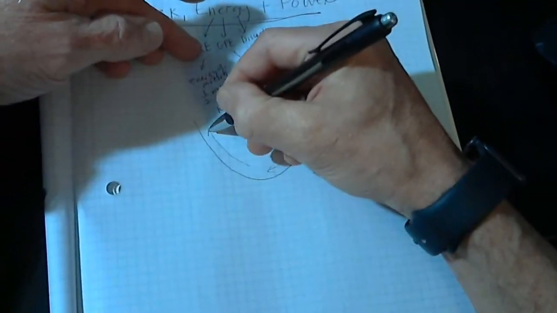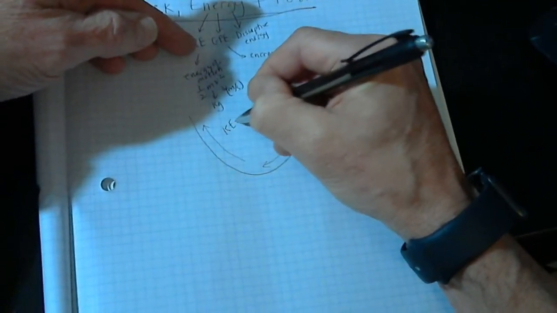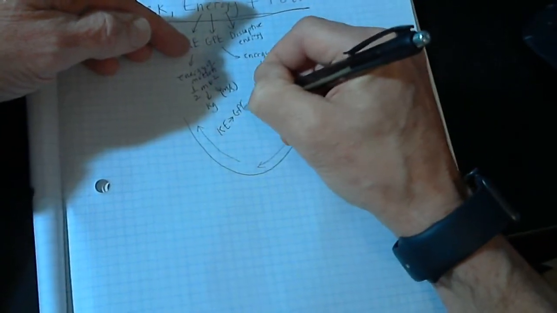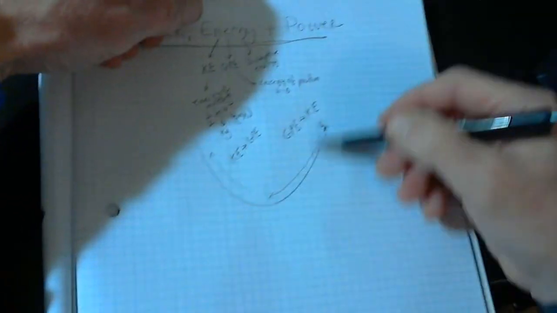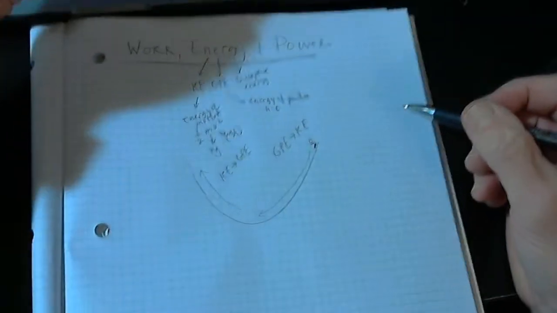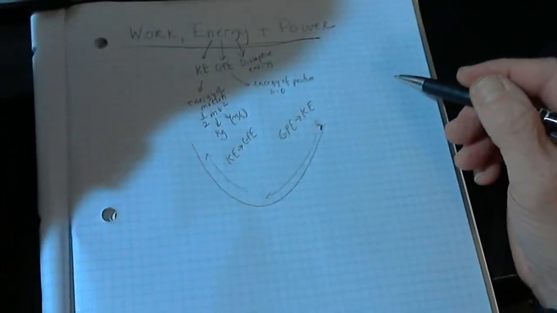On the way back up, that kinetic energy is converted into GPE. If we have no friction, then the skateboard person on that sim can just go back and forth, back and forth, back and forth. In a real ramp, we would have a little bit of friction, dissipative effects.